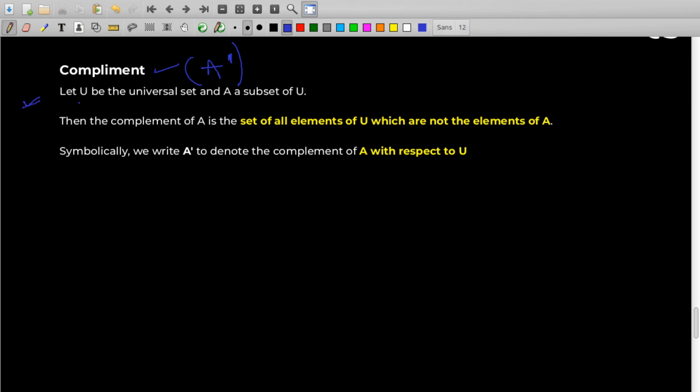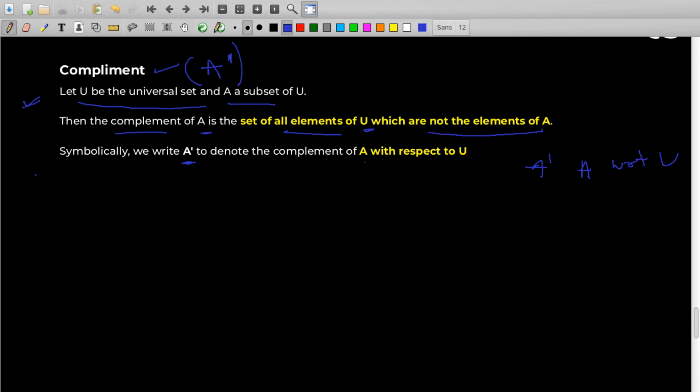Let U be the universal set and A a subset of U. Obviously by definition A will be a subset of U. Then the complement of A is the set of all elements of U which are not the elements of A. Symbolically we write A dash to denote the complement of A with respect to U.